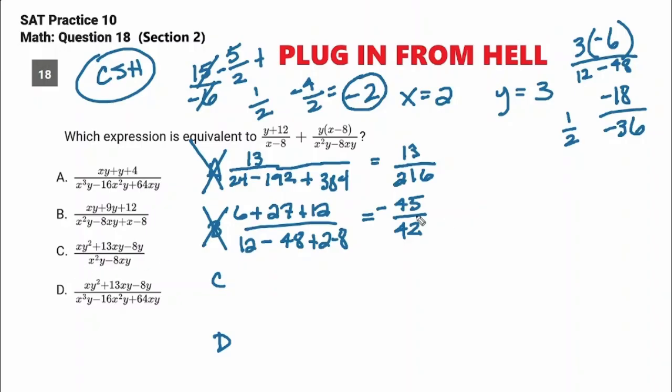X times y squared. 2 times 9, that's 18, plus 13 times 6, 78, minus 8 times 3, 24. Go ahead and plug that in your calculator. 72 over x squared y, that's 4 times 3, which is 12, minus 8 times 6, 48. 12 minus 48, we've done this one, we can do it again.